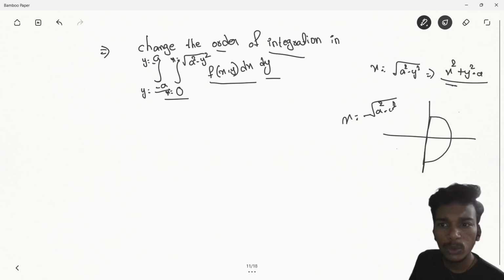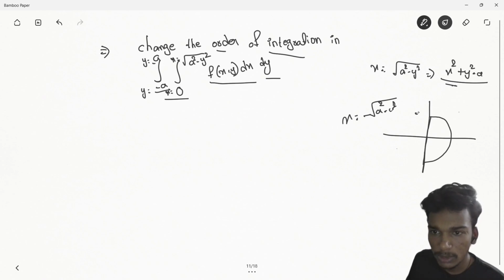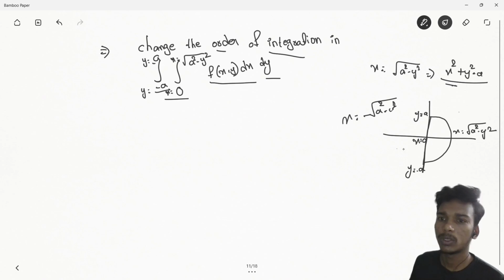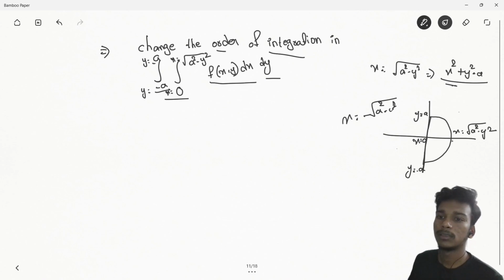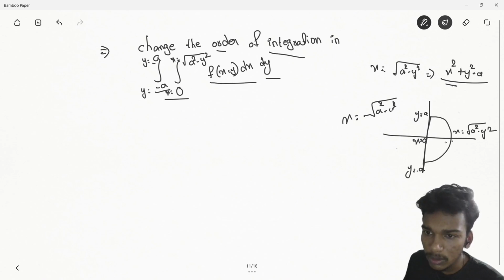Now we will try to change its limits. Now y is equal to a, y is equal to minus a, x equal to 0 to x equal to under root of a square minus y square. Okay, right? Now I will try to integrate from here to here and from here to here. As it is a circle, the value of x here will be a.